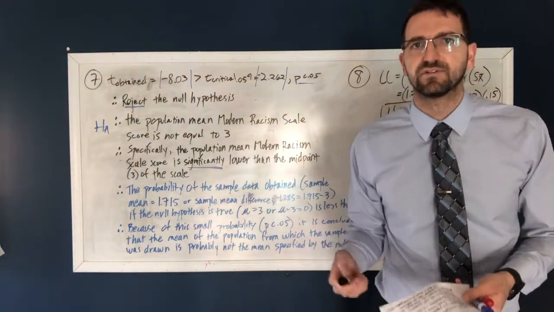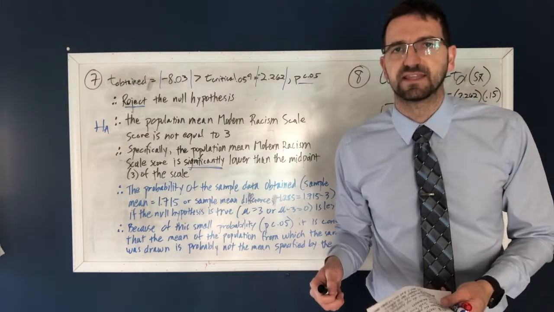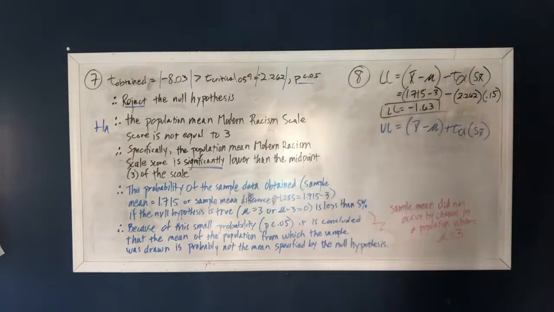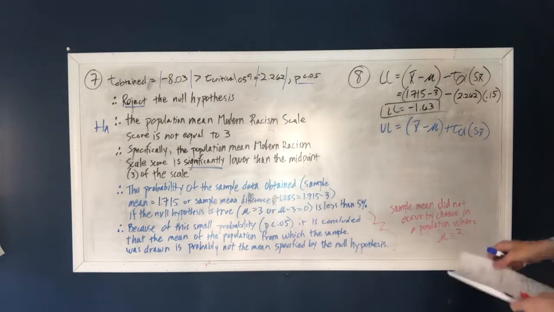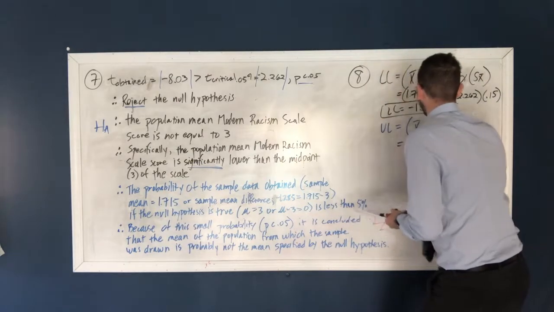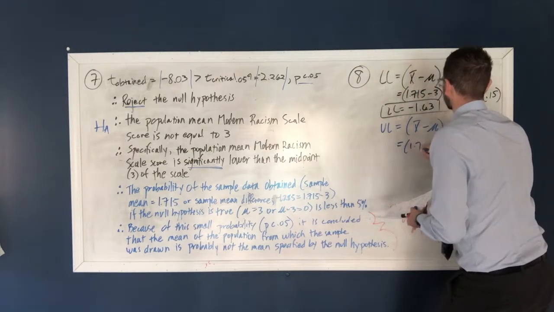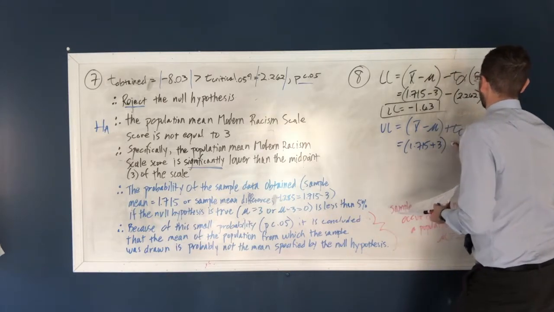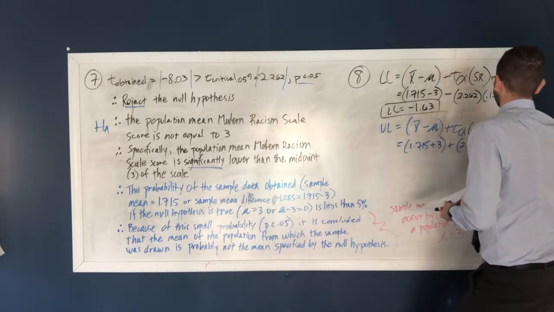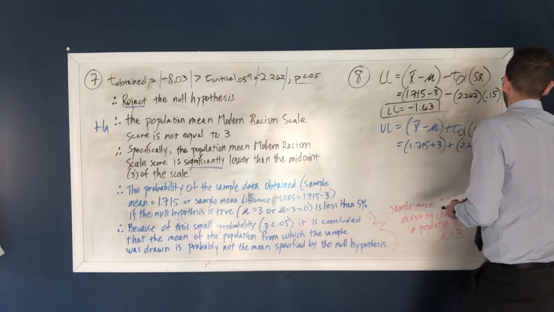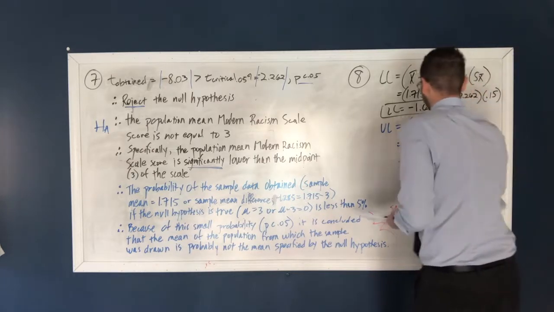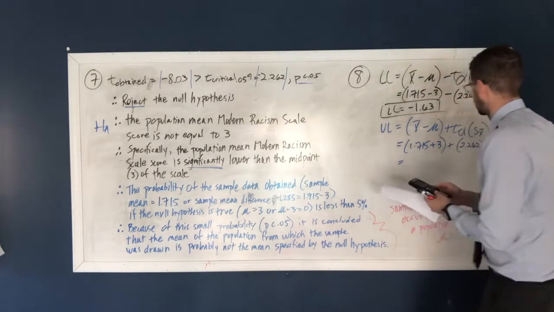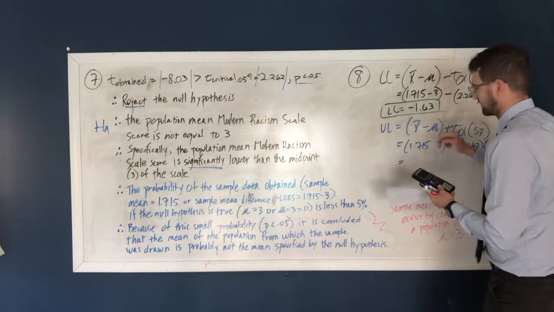The reason being, in the notes I don't round to 2 decimal places every time. I use infinite decimal places. Let's do the upper limit. So it's going to be the same thing except for adding here. So 1.715 plus 3 plus 2.262 multiplied by 0.15. Okay, let's do it again. Sorry, this should still be minus 3.